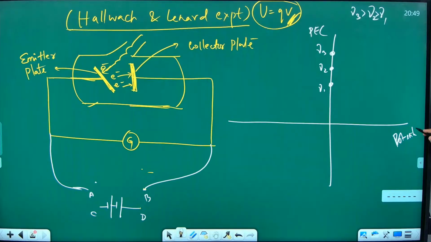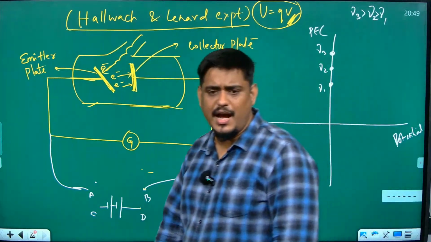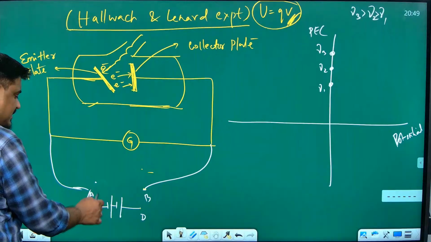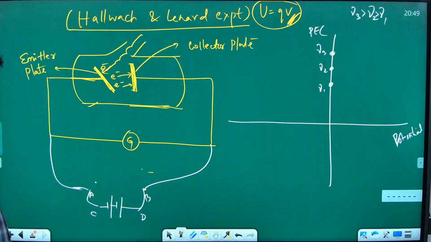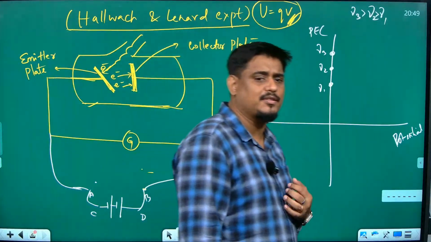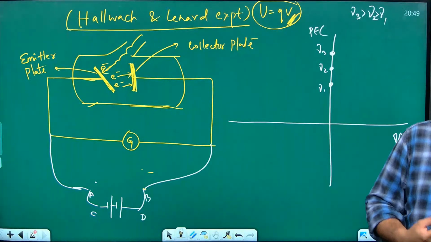Okay, then what I did, I increased the potential. It means I connected A with C, B with D. So my emitter plate became negative, collector plate became positive, supporting my photoelectric current.